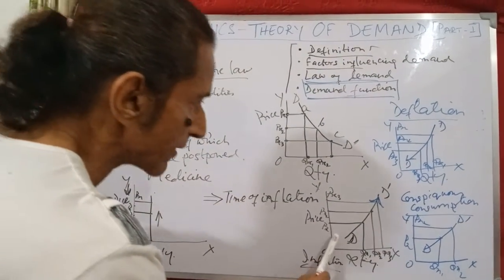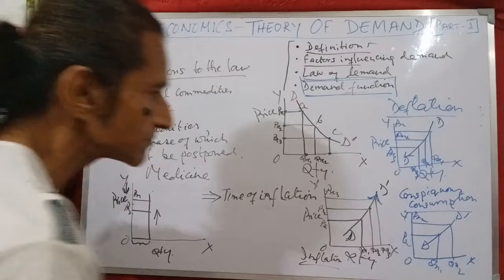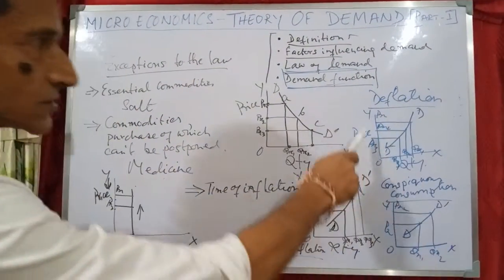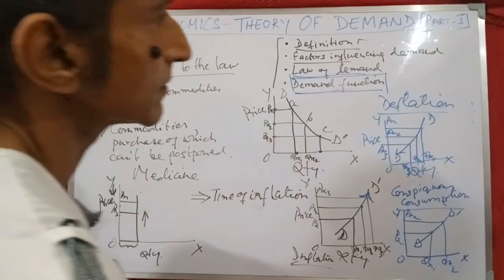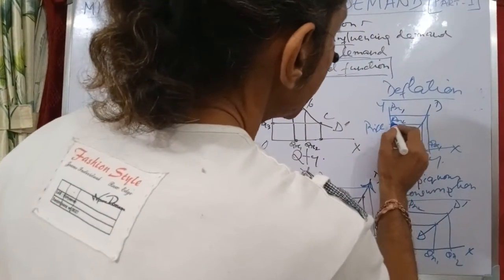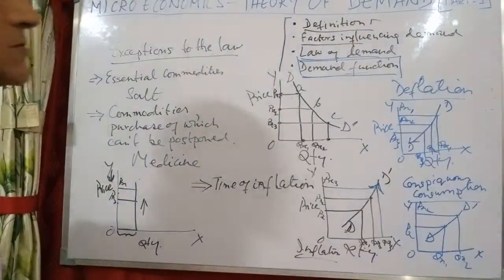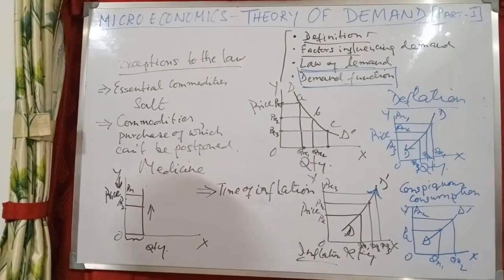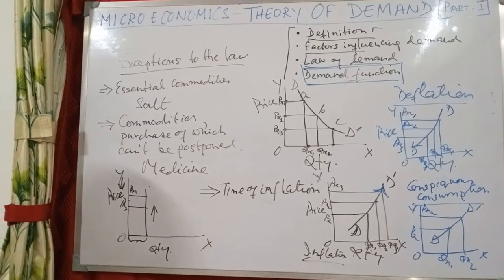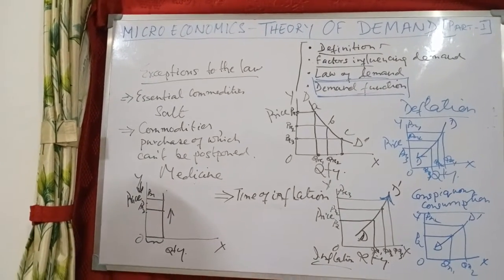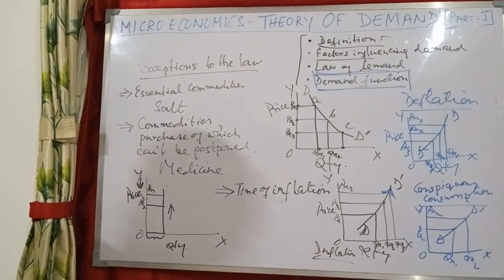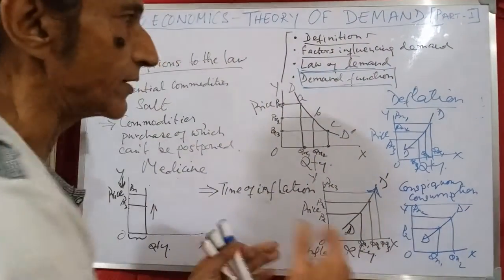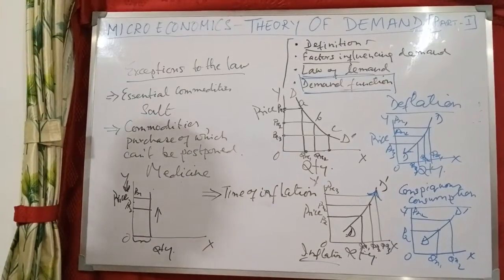During inflation, price continuously increases, and during deflation, price continuously falls. This is PX1, this is PX2, this is PX3. As the price is falling, the consumer is postponing the purchase, thinking that he will purchase the commodity when it becomes much cheaper. So price is falling, quantity demanded is also falling.